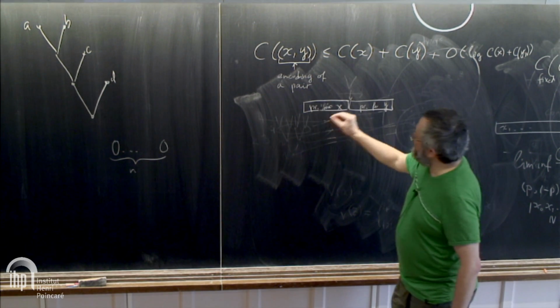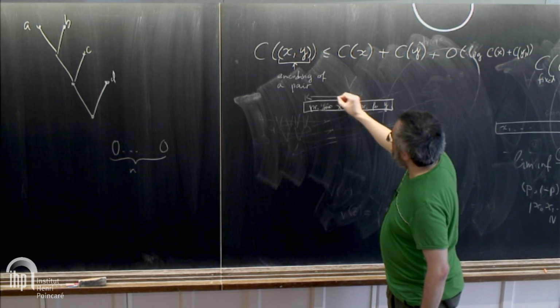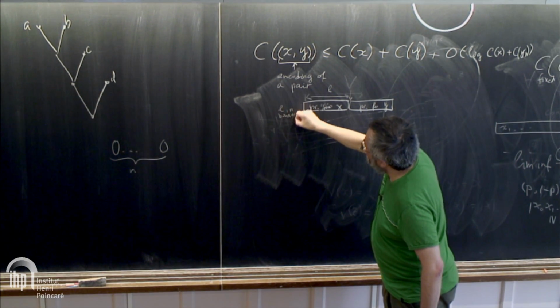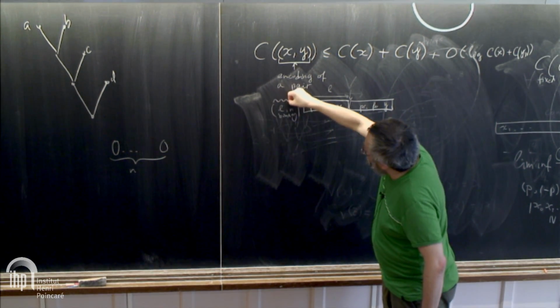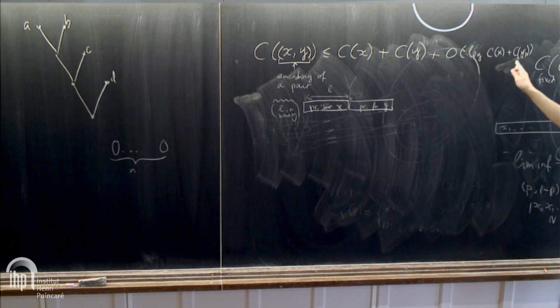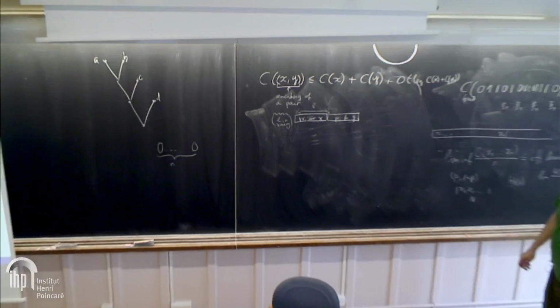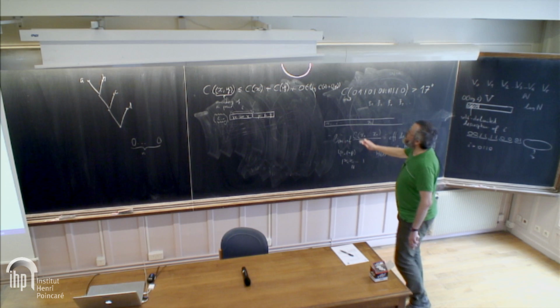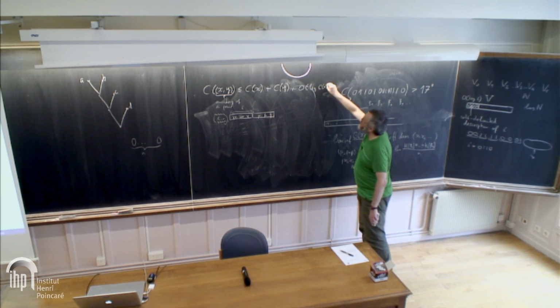So you need, for example, to specify the length of this program. You need to write L in binary in advance and encode it in some way so it can be self-delimiting and so on. So there is some overhead. But why did you go only with the log of one of them, like the first one? Why did you say that it goes with the log of the sum of both? Oh yeah, of course you can say of this one.